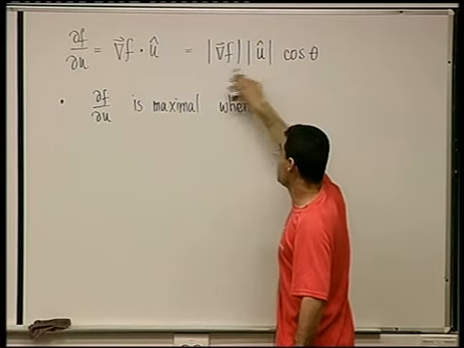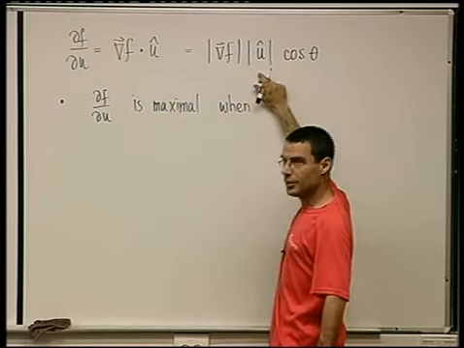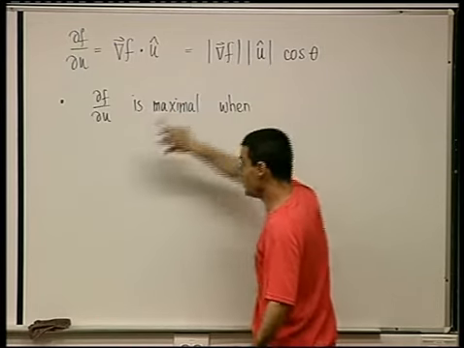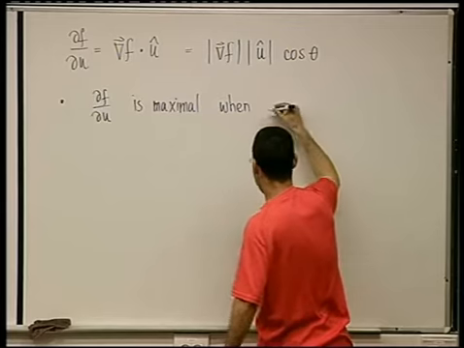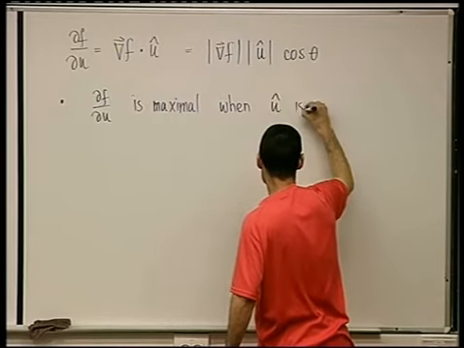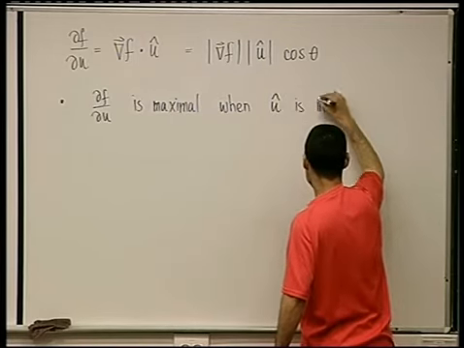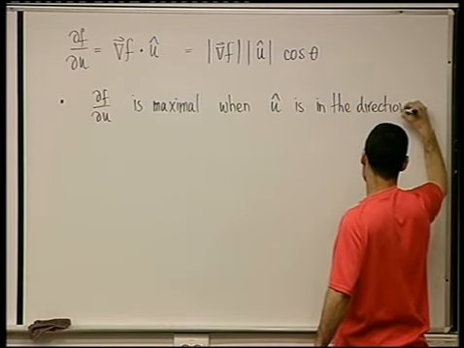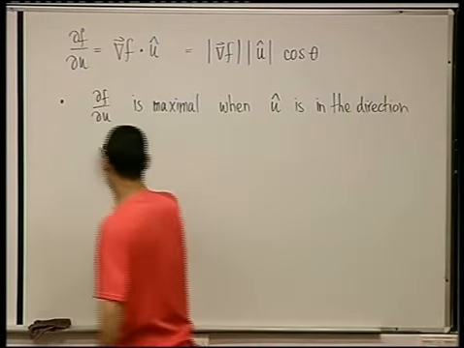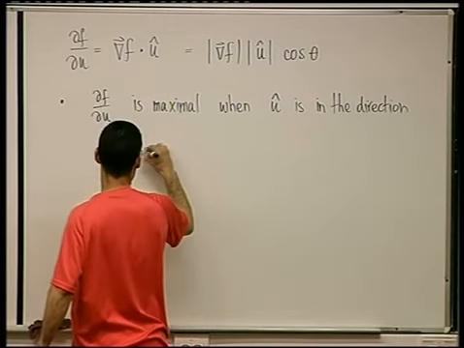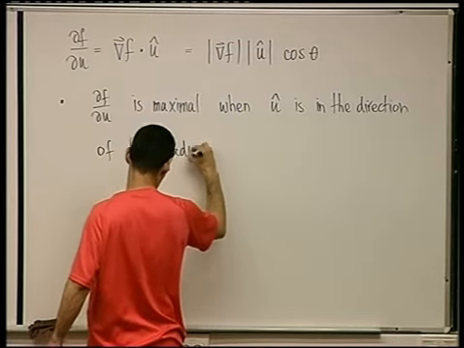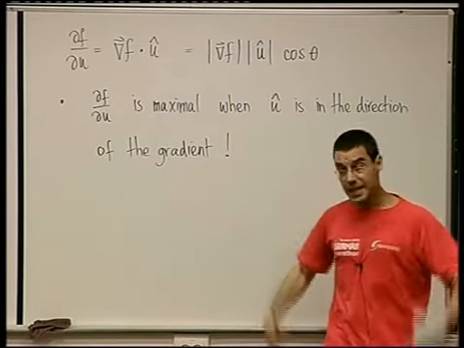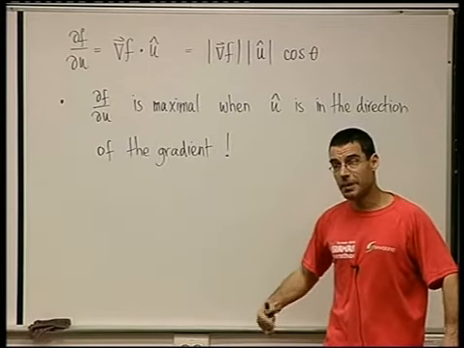What does it mean that the angle between two vectors is 0? That they're pointing in the same direction. So df/du is maximal when u is in the direction of the gradient. You're standing mathematically at a point.